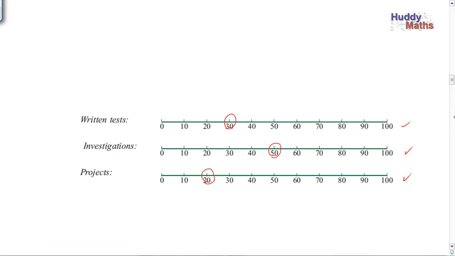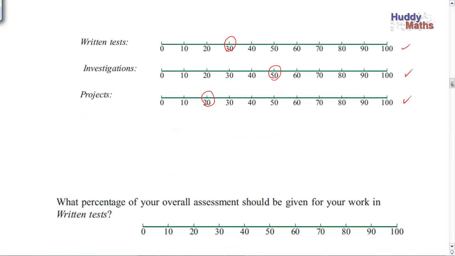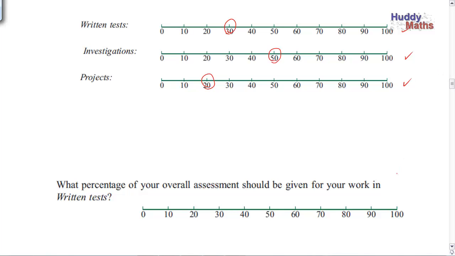And then another little tricky thing they often do, come down here, they often ask a check question. What percentage of your overall assessment should be given for your work in written tests? Now that's the same thing said in a different way. And what the surveyor is looking for is whether it is consistent with the answer they gave up here, the proportion of importance or something to those.